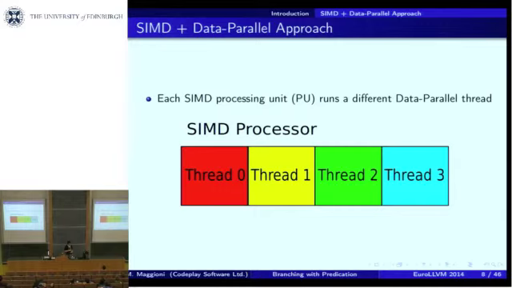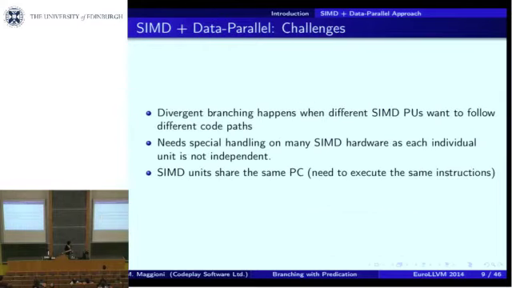This is the approach we want to achieve: having a single SIMD processor and running a thread for every processing unit of this SIMD processor. So if we have, in this case, let's say four OpenCL threads, we want to run each thread on a different processing unit of the SIMD processor.